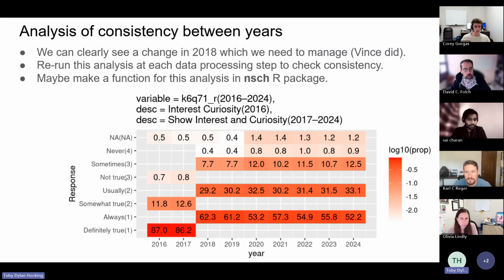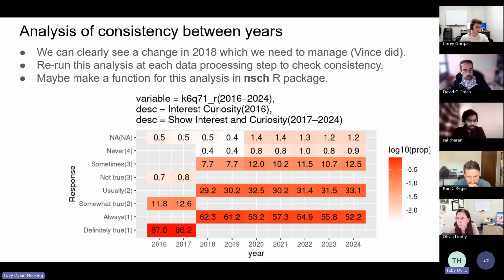And why do I choose this variable? This is one that with Vince last year, we had some issues because there was some consistency problem between the years, right? We see on the x-axis different years between 2016 to 2024. We see that the first 2 years have different responses than 2018 and onwards.